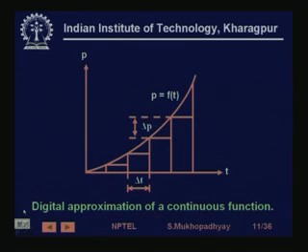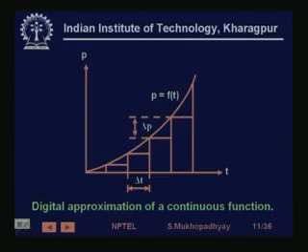Let us first take the case of a linear interpolation, because that is the simplest, and see how a reference pulse linear interpolation can be done. First of all, we have to understand that we are going to send pulses at discrete intervals. If you want to create a straight line, then a straight line is nothing but an integration of a constant.